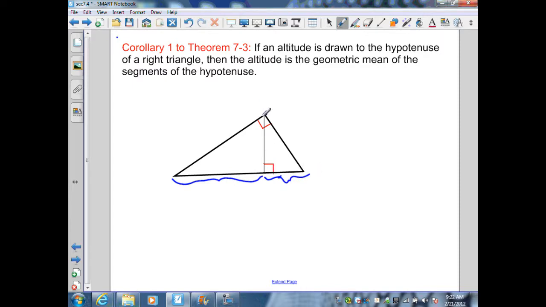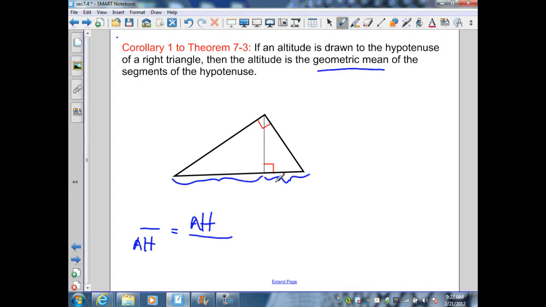We already know that the altitude is a segment from a vertex that is perpendicular to the opposite side. In this case, it's to the hypotenuse. And we know when I'm given a geometric mean, as stated in our corollary, that the altitude is the geometric mean. Therefore, if I have a figure similar to this, I know my altitude is the geometric mean.